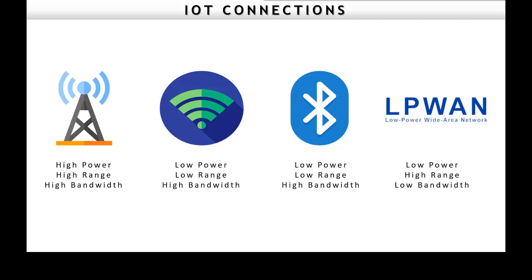By using LPWAN, you can use really low power, and the range is pretty high, probably 2-3 miles, with low bandwidth because your data is not that large. All you are trying to share is the temperature of the soil, maybe every hour. So those are the options when it comes to connections.